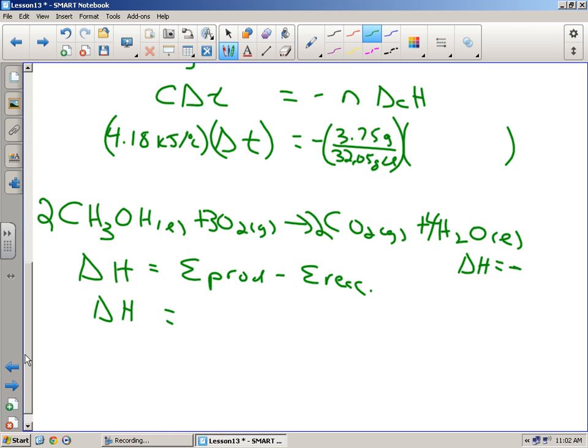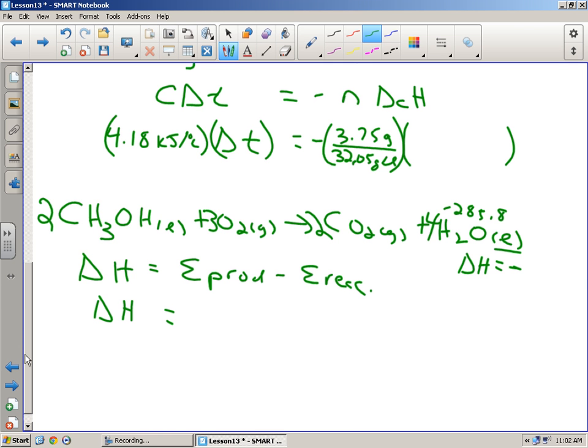Well, let's see here. 2 carbon dioxides. I'm just going to skip right to it, guys. 2 times 393.5. Oops, no, that's wrong. Negative 393.5. And 4 times water, which is a negative 285.8. Negative 285.8 because it's a liquid.